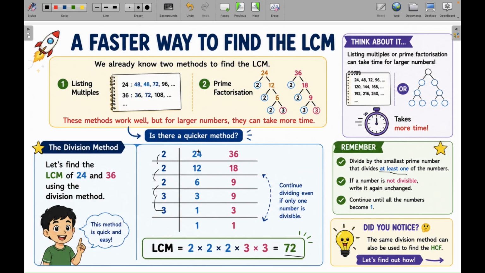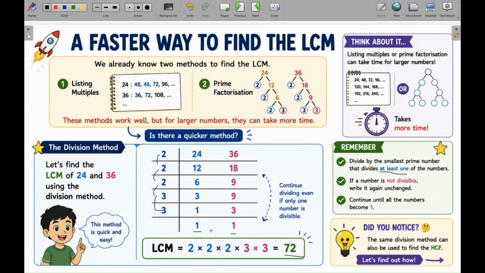Even if only one of the numbers is divisible, we can use that number to divide. If a number is not divisible, write it again unchanged. For example, here 9 was not divisible by 2, so we wrote it as it is. How long do we need to divide? Until all the numbers, towards the end, become 1.